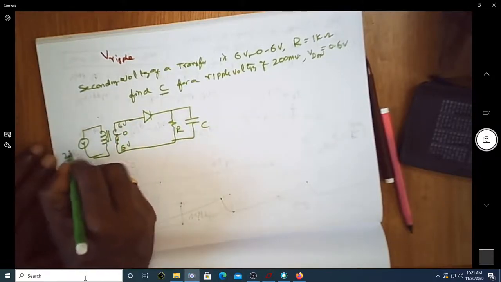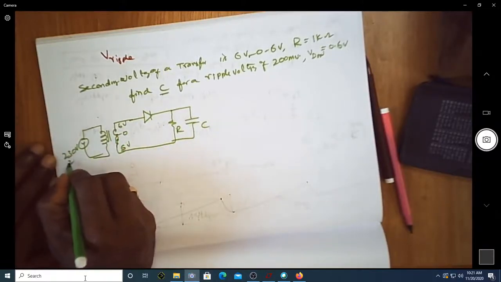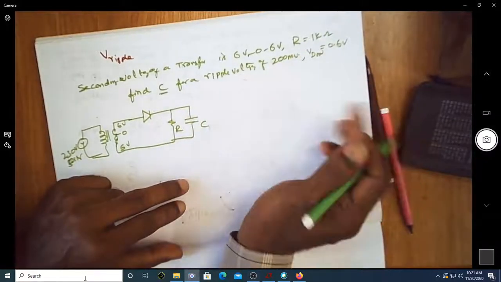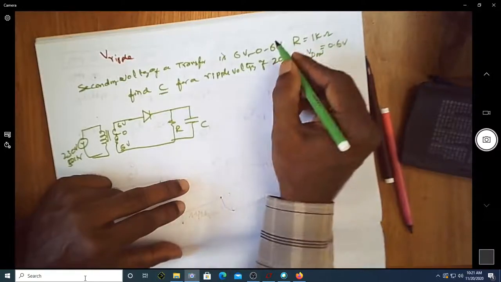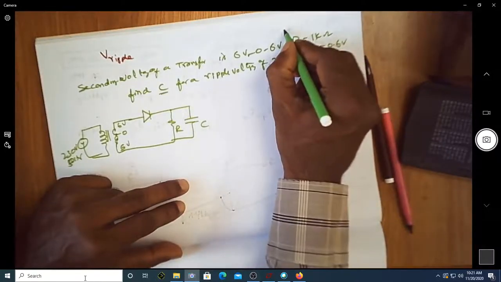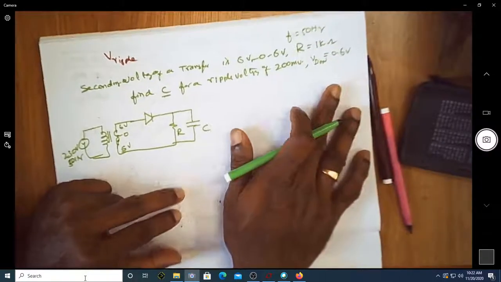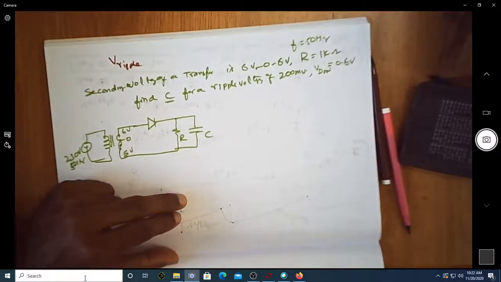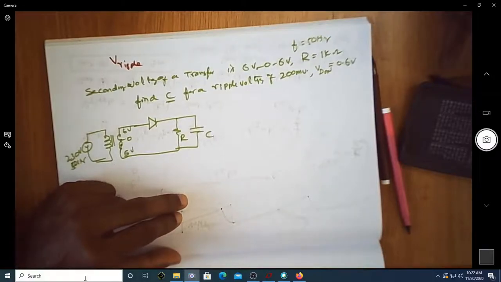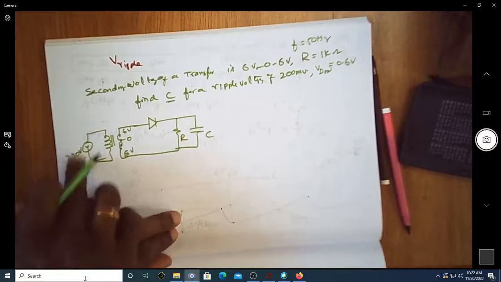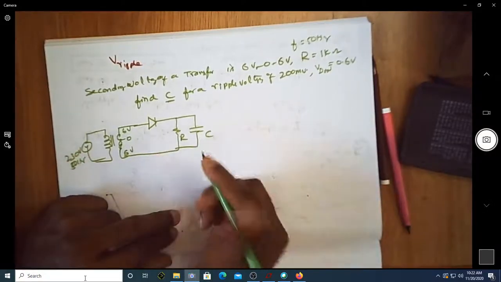Even though this is not given as 230 volt 50 hertz AC, you can always assume that under Indian specifications the frequency is always 50 hertz, because only in American and European countries the frequency can be 60 hertz, but in India the frequency is 50 hertz, which will never change as you go from one place to another.